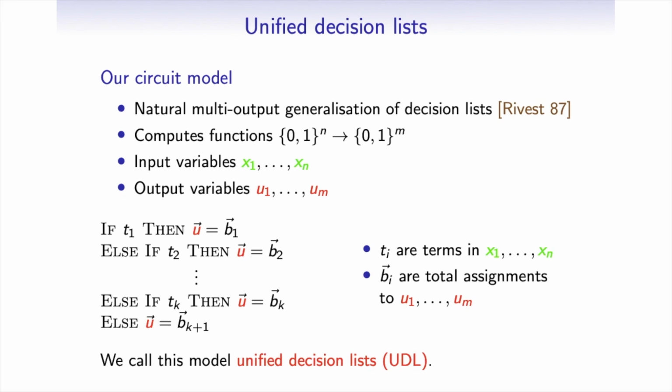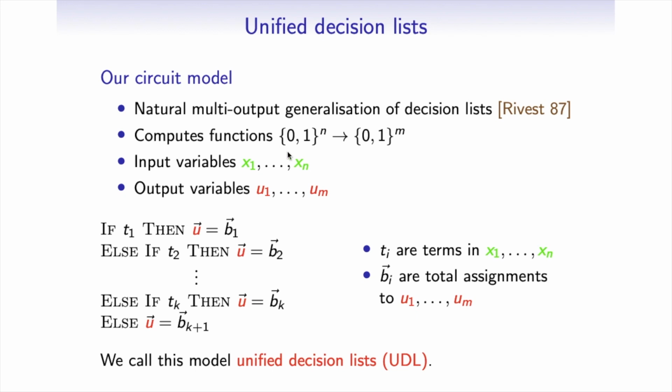All right, so now just a little bit about our circuit model. What is a unified decision list? Well, it's a natural generalization of standard decision lists to multiple outputs. So it computes functions from n-bit vectors to m-bit vectors. The traditional model has m equals 1, so it's just outputting bits. Here we're outputting a vector of bits.